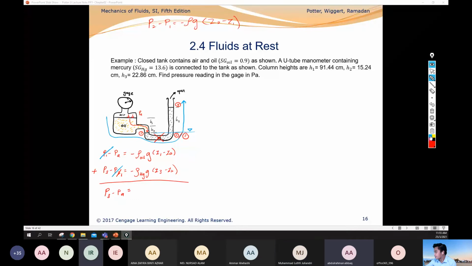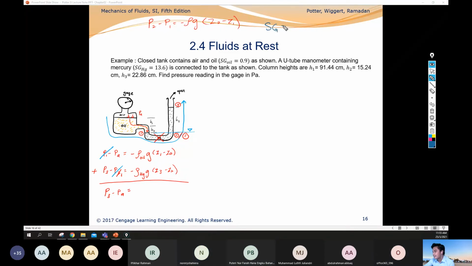Specific gravity is the density of fluid over the density of water. Remember, SG of fluid is equal to density of fluid over density of water.